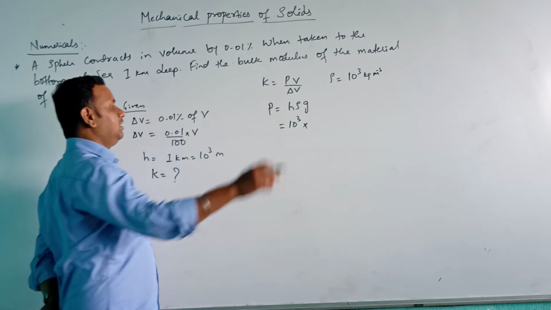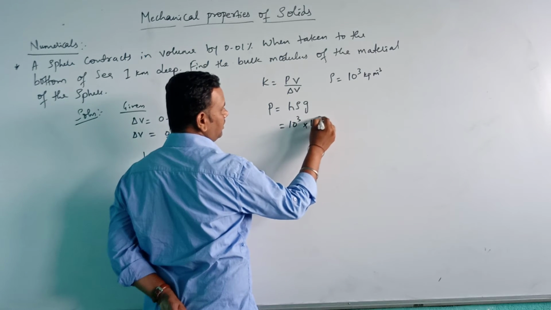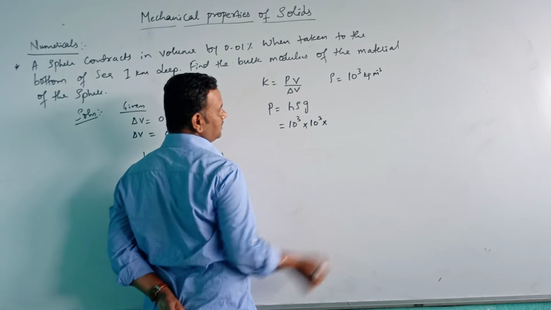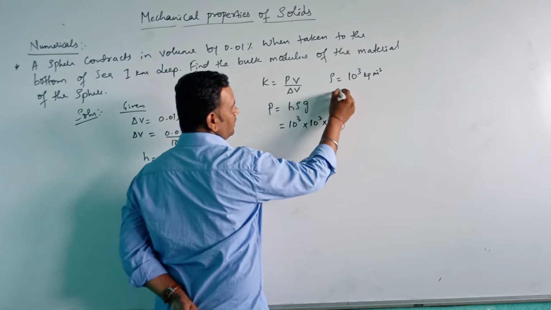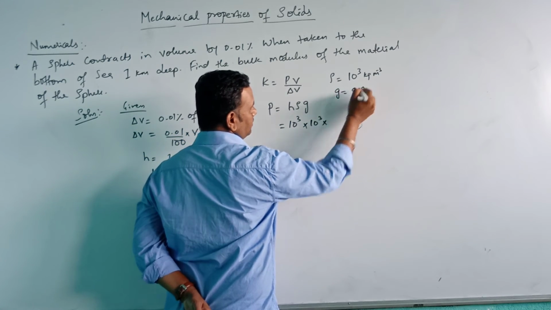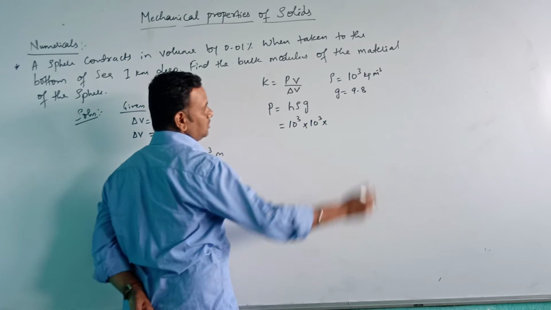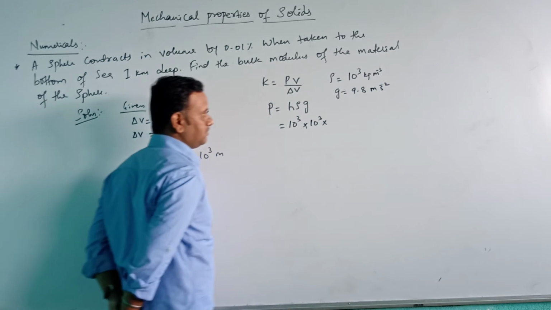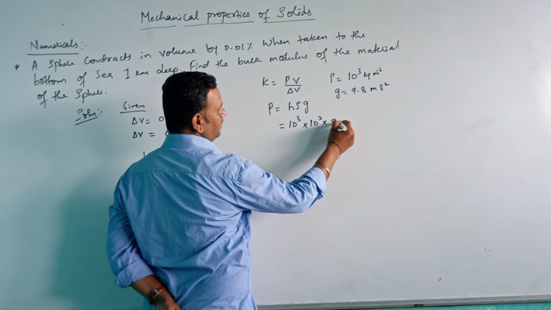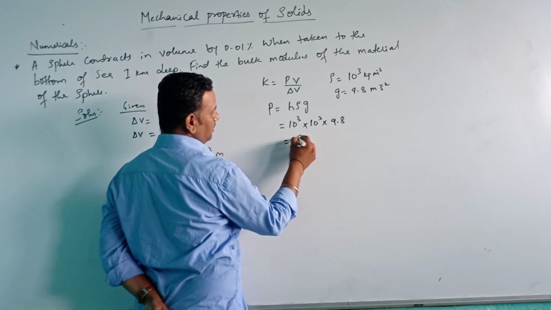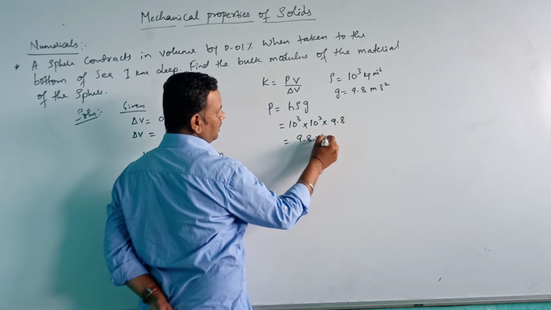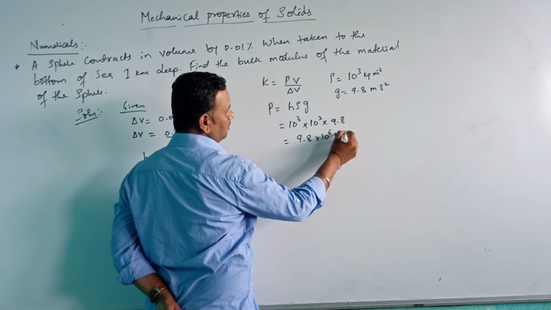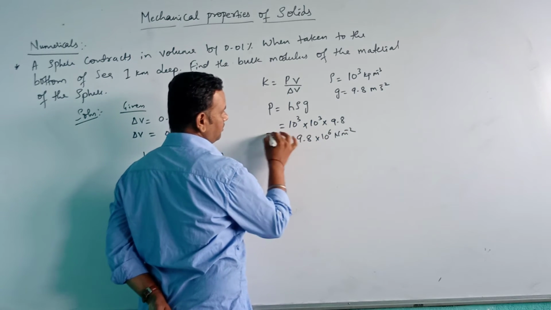Therefore, we write 10 to the power of 3 into the acceleration due to gravity, G equal to 9.8 meter per second square. So 9.8 into 10 to the power of 6 Newton per meter square is the pressure which we have got.